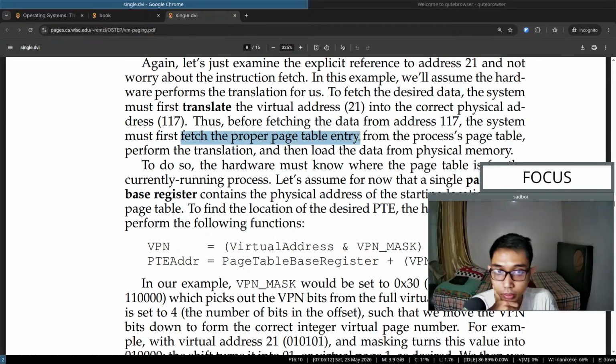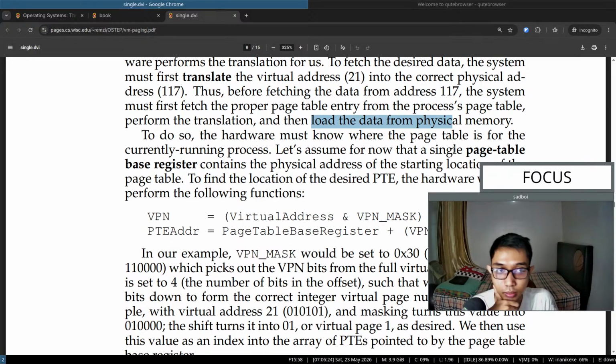Fetch the proper page table entry from the process page table, perform the translation, and then load the data from physical memory. To do so, the hardware must know where the page table is for the currently running process.